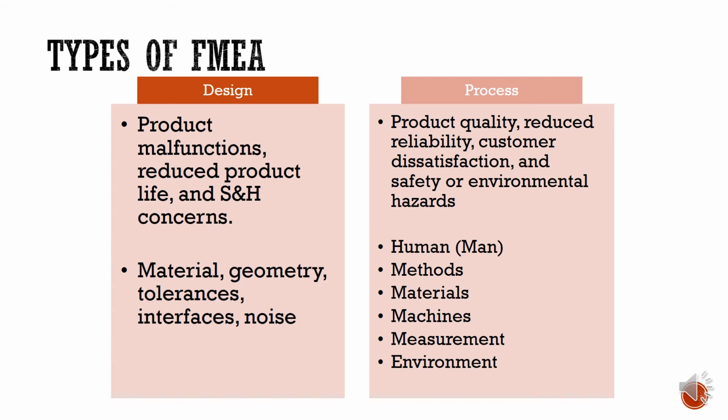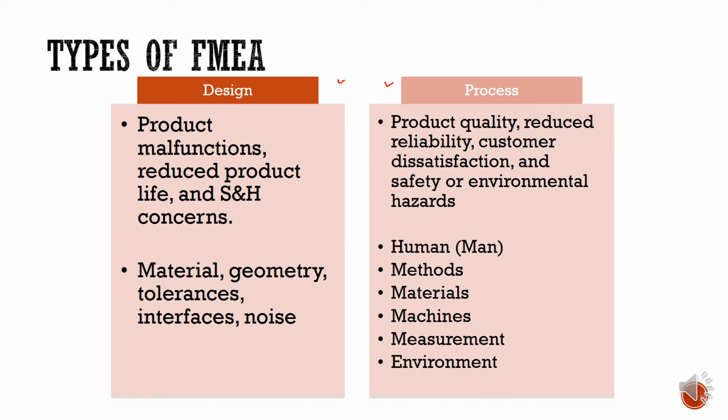FMEA can be divided into two types. The first one is design FMEA, and the second one is process FMEA. Design FMEA explores the possibility of product malfunctions, the possibility of reduced product life, and also the possibility of safety and health regulation concerns.